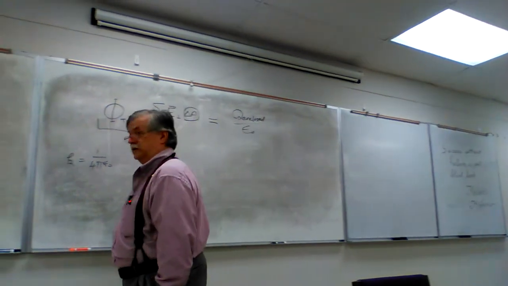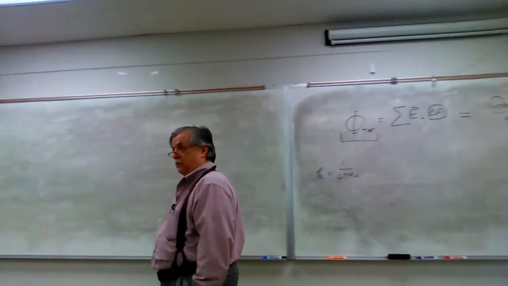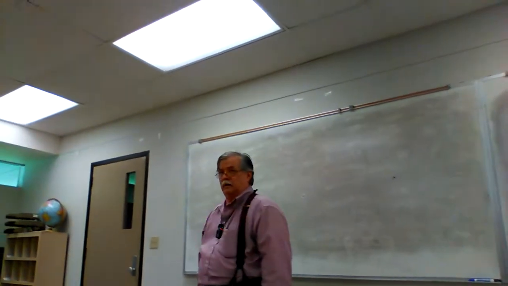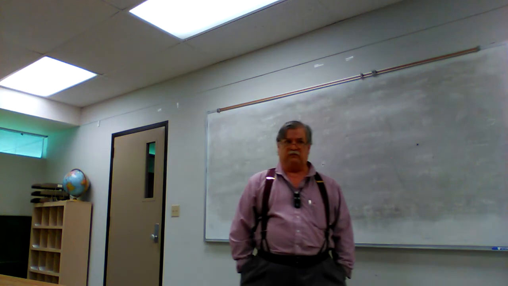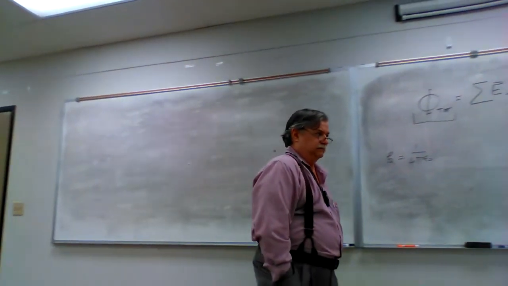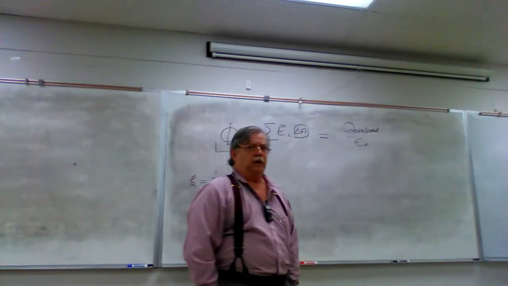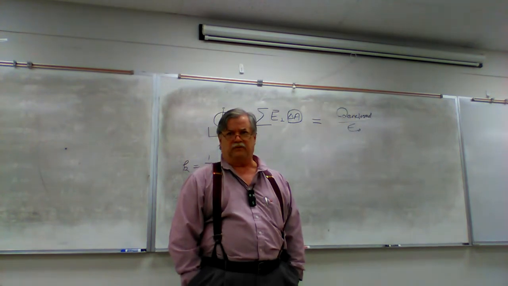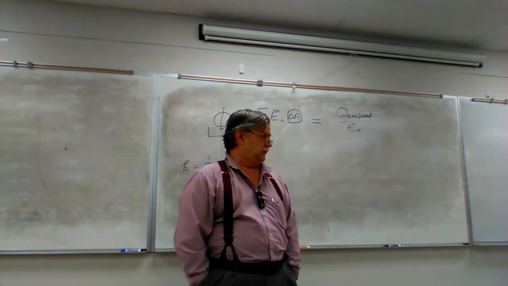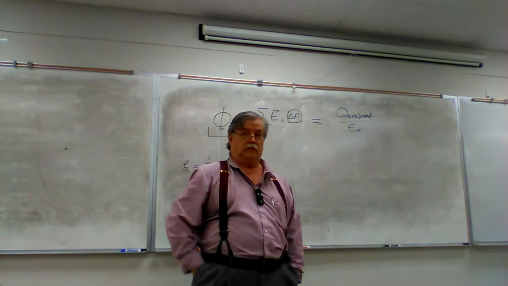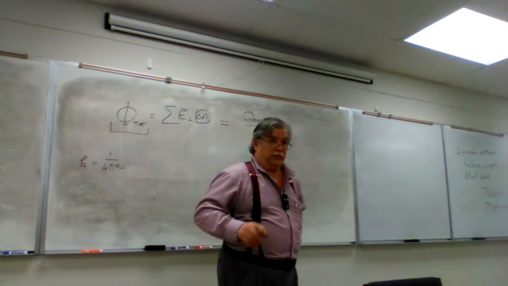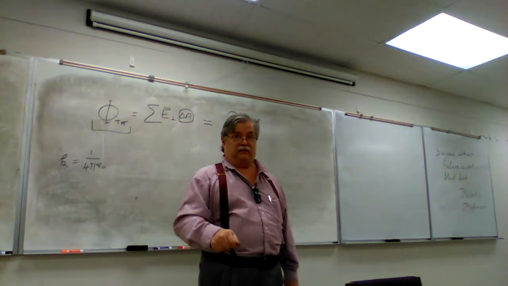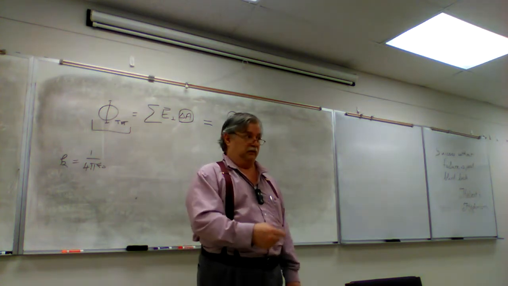The E field is what is actually exerting the force. But we don't have meters that can measure the E field. We actually have little meters called Gauss meters that can directly measure a magnetic field, the B field.